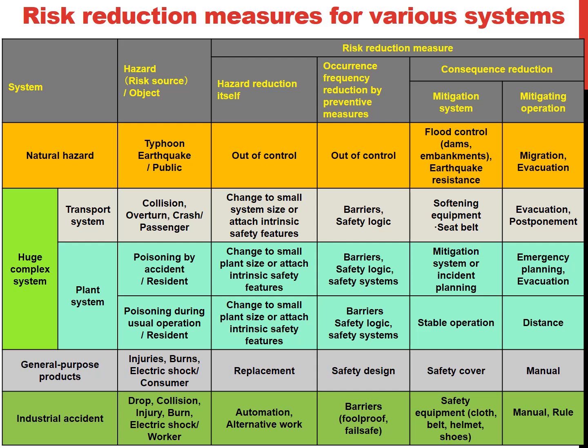It must be installed at the original or initial design phase. In addition, various safety logic can reduce the occurrence frequency. With a mitigation system, consequence reduction can be achieved, and when migration or evacuation is required, consequence reduction can also be achieved.